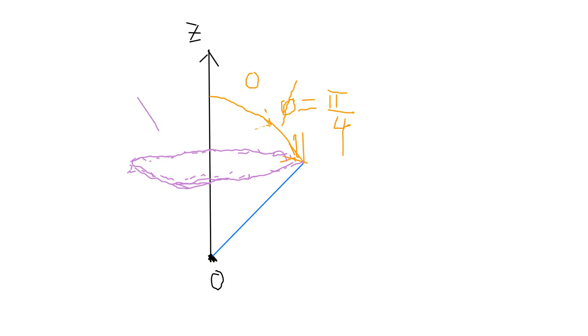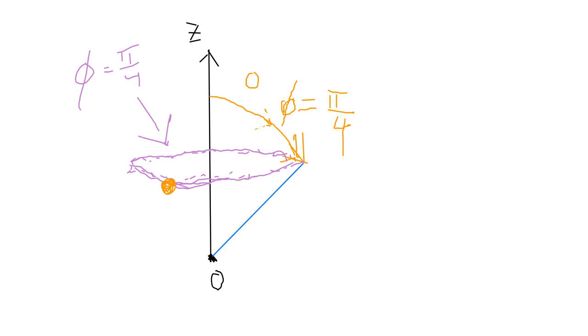In other words, this circle here is phi equals pi over 4, because any point on the circle.